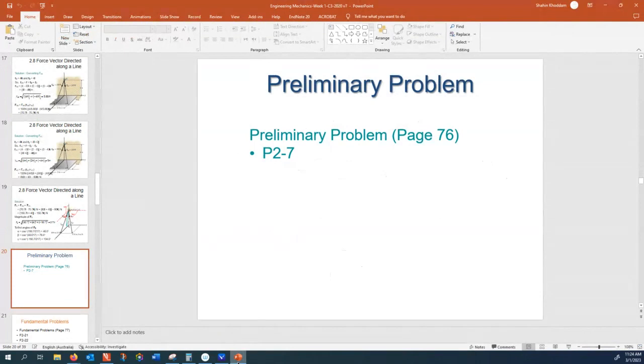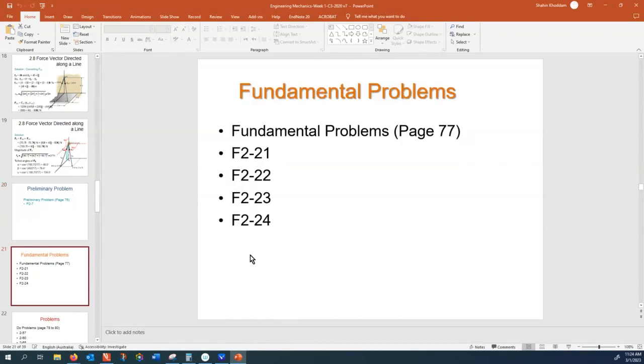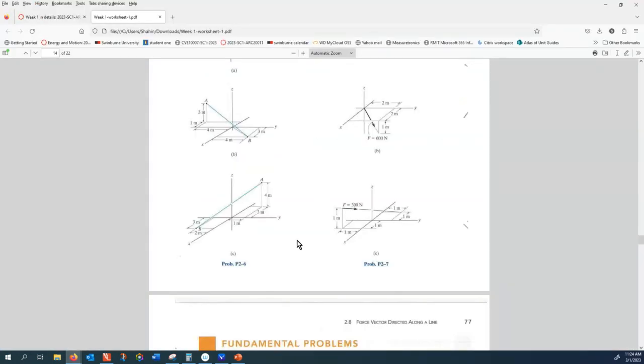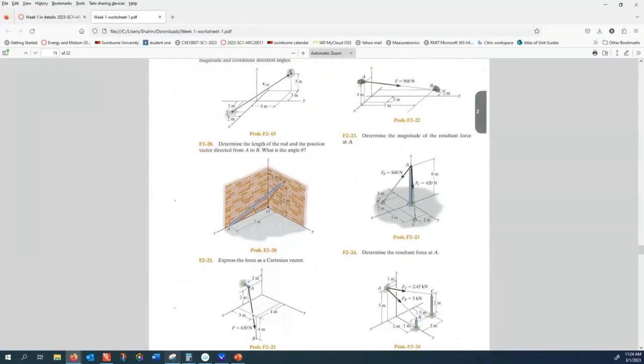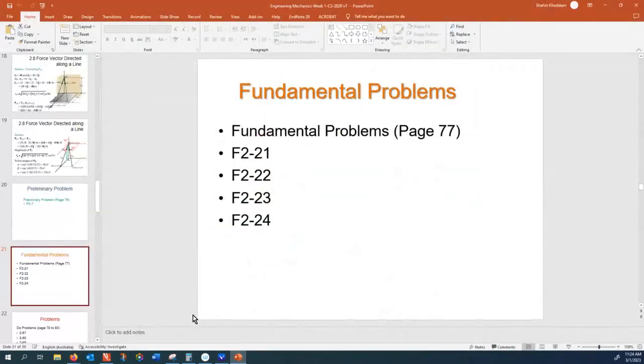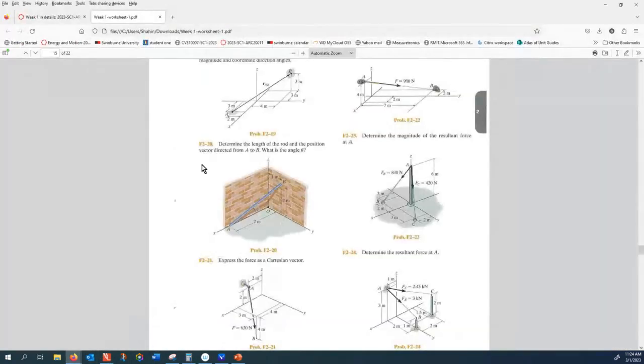Questions? Any questions? Am I going too fast? All right, so page 77. And this time 21 to 24. Okay, so you choose and I try to solve.